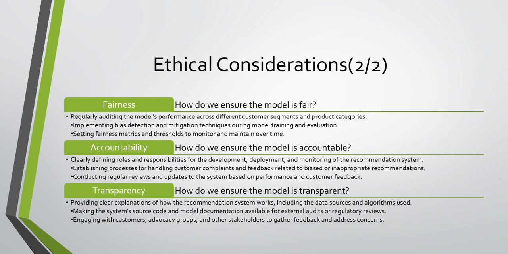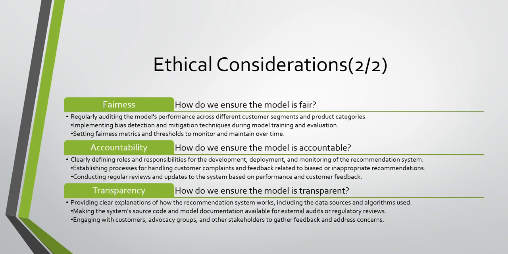From an accountability perspective, there need to be clear roles and responsibilities on the data collection and deployment of the models, and a process for handling customer complaints and feedback on inappropriate recommendations. And from a transparency perspective, there need to be clear visual cues across the system to explain to the user how the model is working, why it is giving the recommendations it is giving, and why we are collecting the data, with clear and easy-to-use instructions if the user wants to opt out of the model.